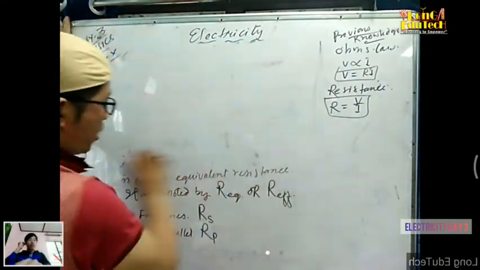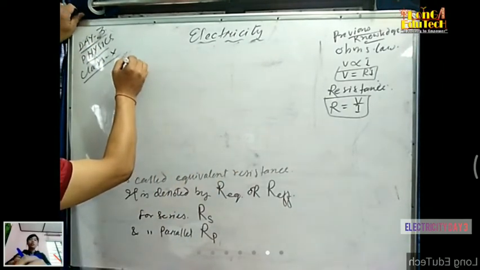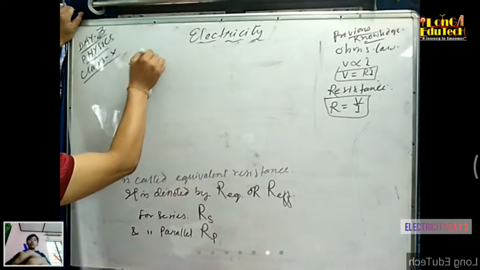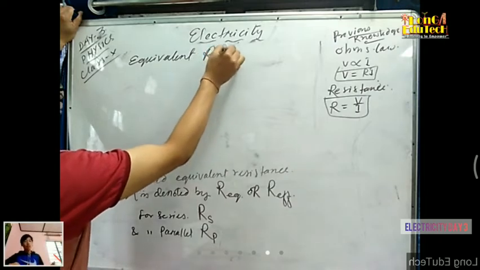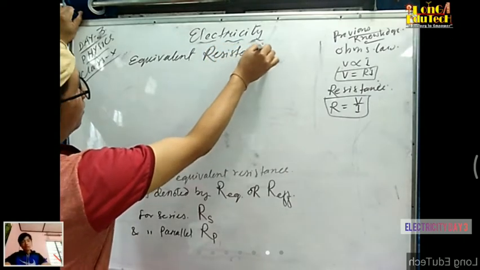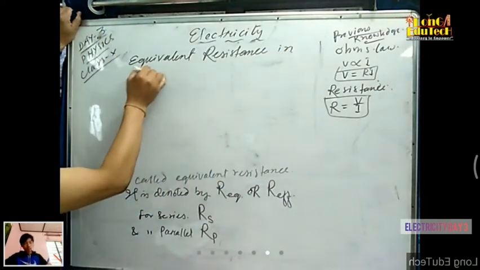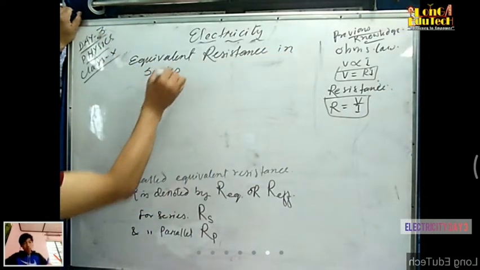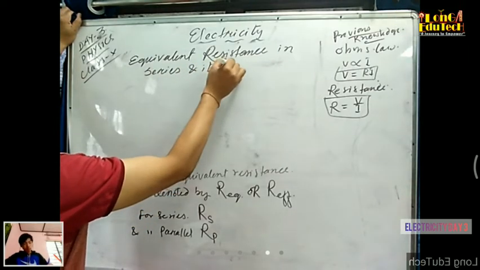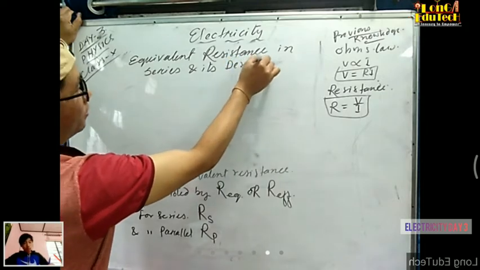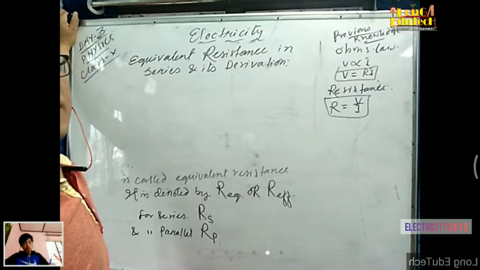Okay, so here we come to our first point, that is equivalent resistance in series and its derivation. हम लोग formula derivation सीखेगा इधर में, how we can derive the formula.